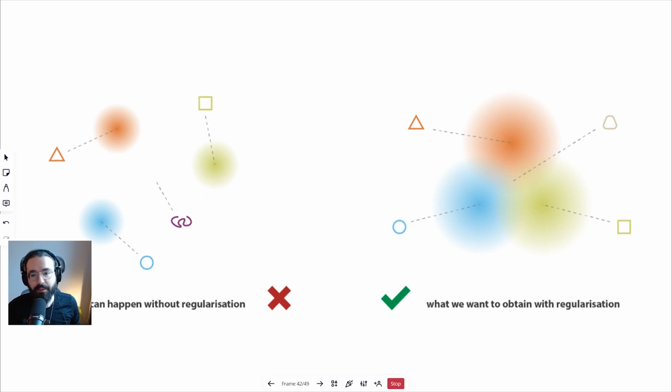When we represent data points as a Gaussian distribution, then we end up with these regions where the distributions are getting closer to each other so that we can generate a new sample in between the data that we have in the training data set. And this is quite exciting.